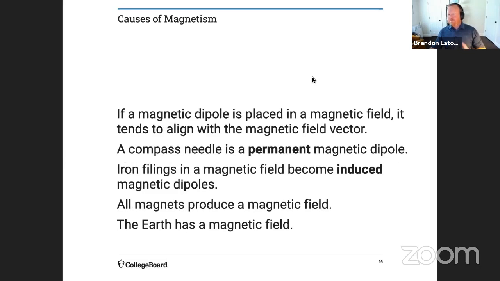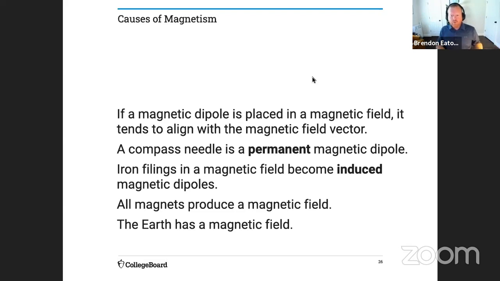So, if a dipole is placed in a magnetic field, though, what does it do? Well, if it's inside of a magnetic field that's pointing in a certain direction, aka the magnetic field vector, what it wants to do is align with that magnetic field vector nice and parallel to that magnetic field. So in other words, if I have a magnetic field that's pointing north, my material that has magnetic dipoles, all of those dipoles want to align to the north direction.